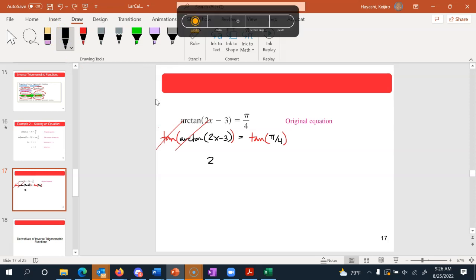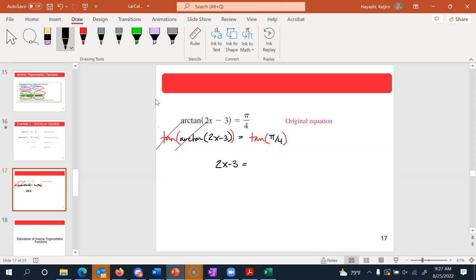And you don't have to think of it as taking the tangent and then canceling these out. If you know what this means and you can rewrite it into this, then feel free to do that as well.